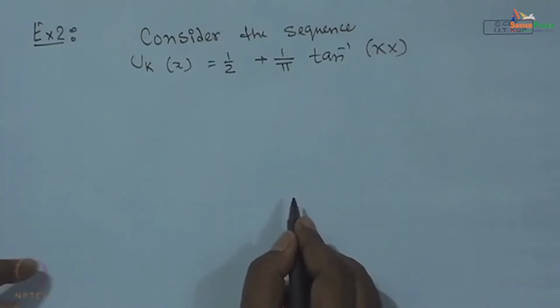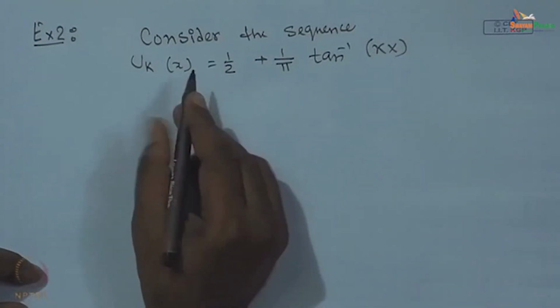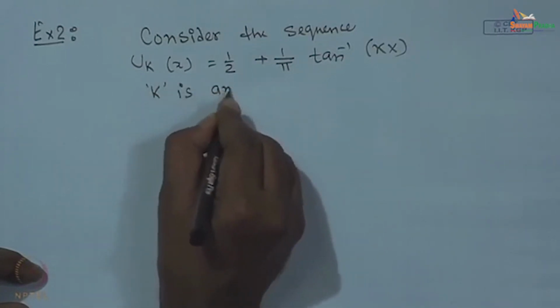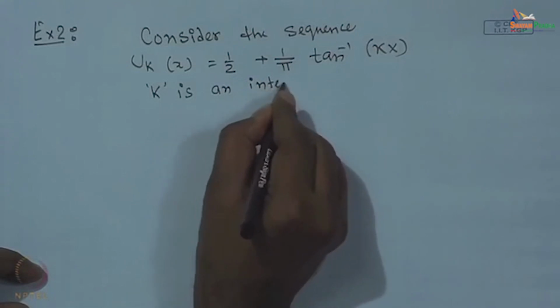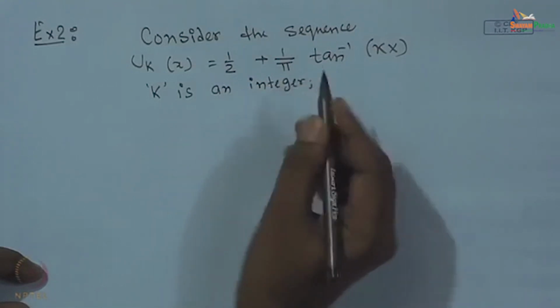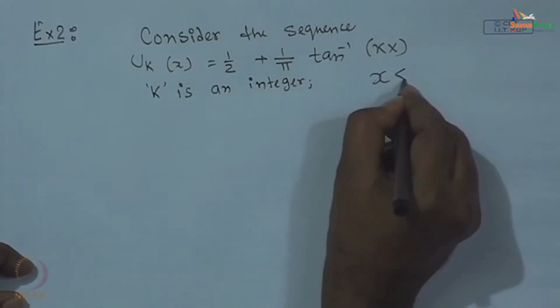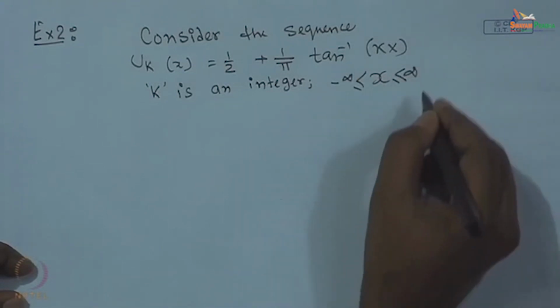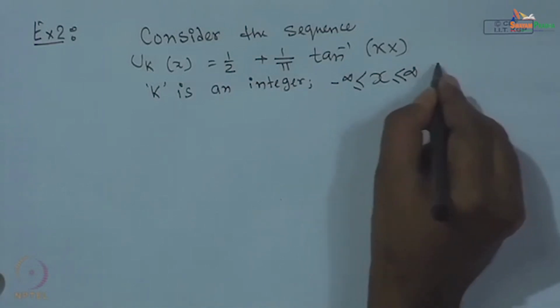Let us talk about this sequence where k is an integer and x is lying between minus infinity and plus infinity. Its domain is basically the real line.